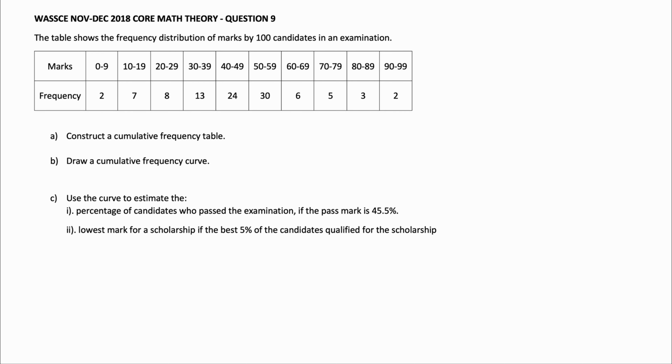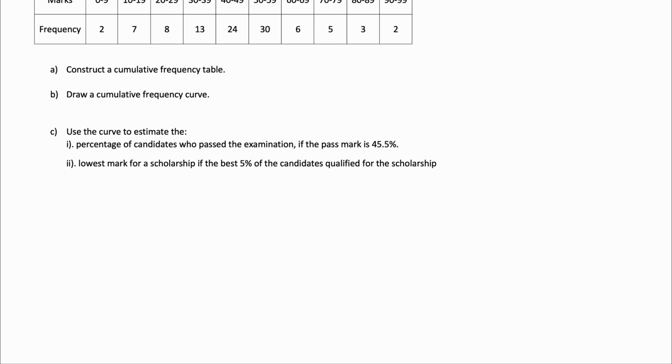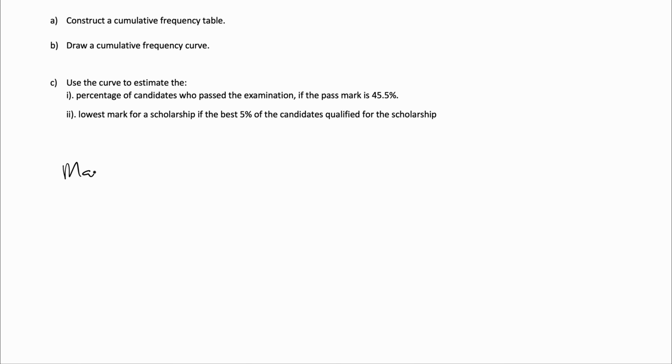So we need our marks, our frequency, our upper class boundary, and then our cumulative frequency.